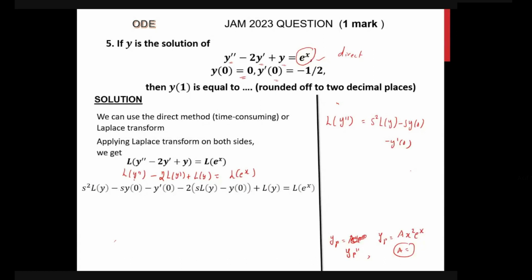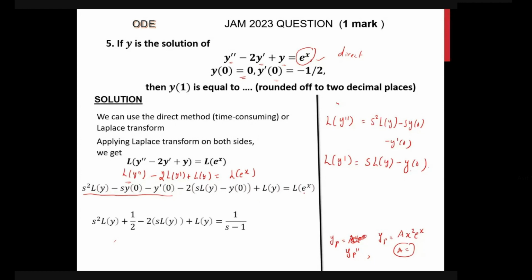Now this L of y double dash can be written using the Laplace transform of derivatives as s square L of y minus s y of 0 minus y dash of 0, and minus 2 times L of y dash, where the formula is s L of y minus y of 0, plus L of y equal to L of e raised to x.